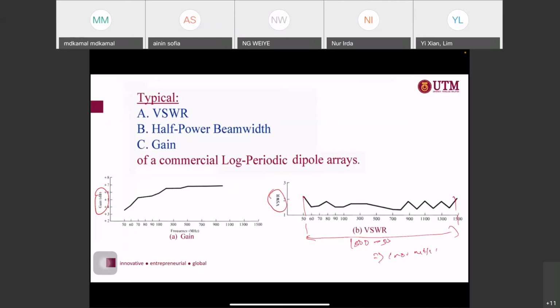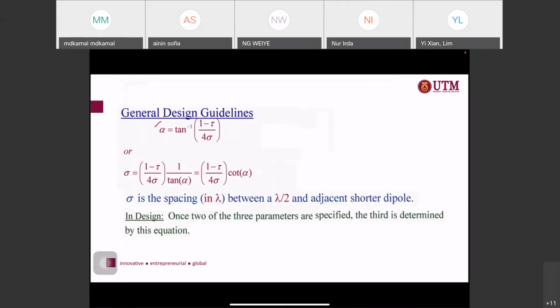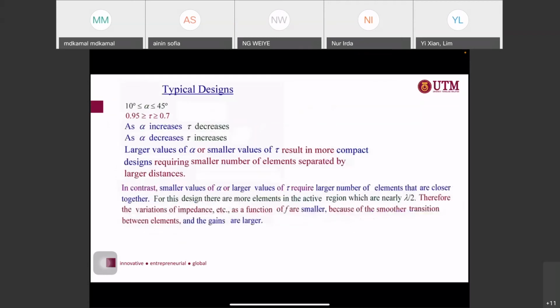And then this is alpha, I showed you just now already, or sigma, the spacing factor. In design, 2 of the 3 parameters are specified. And then this is a typical standard: as alpha increases, tau decreases. As alpha decreases, tau increases. So this is the concept that you should know.